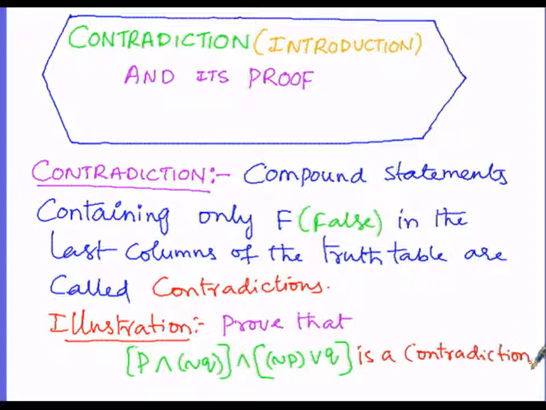In order to show this statement as a contradiction, we have to assume two statements, one as P, the other as Q.